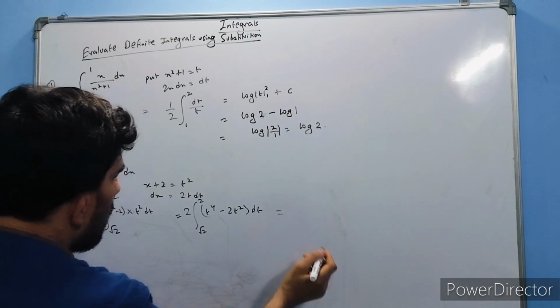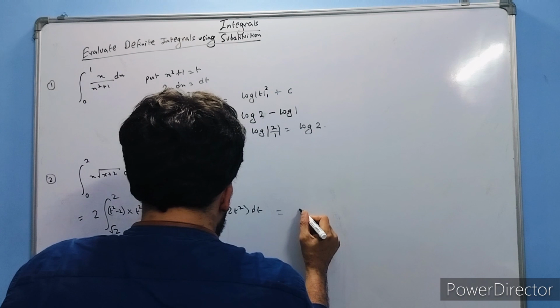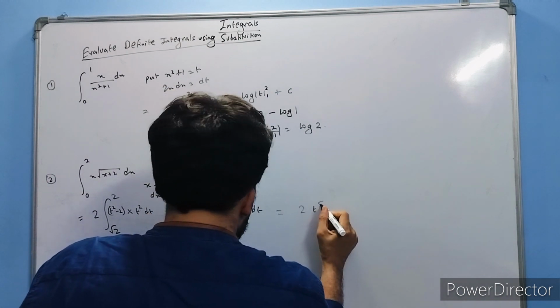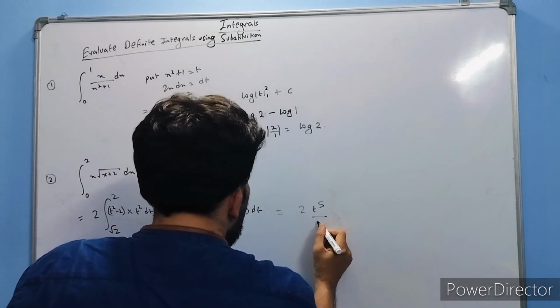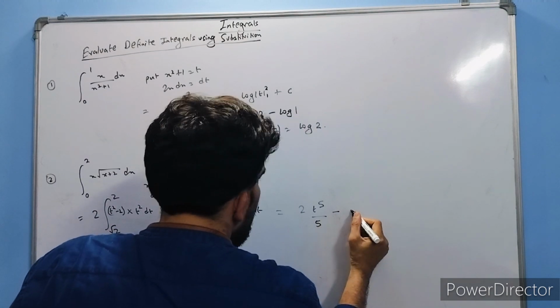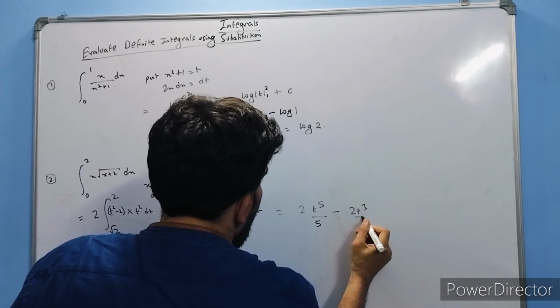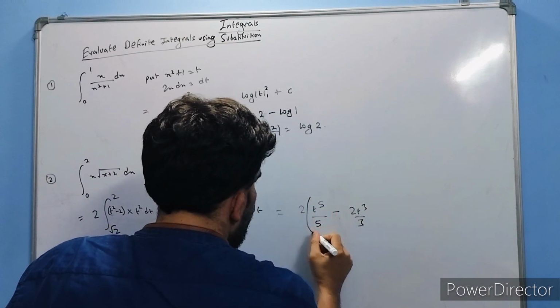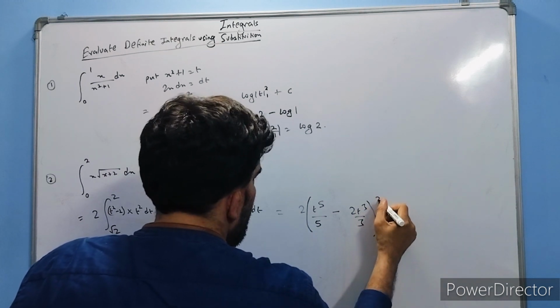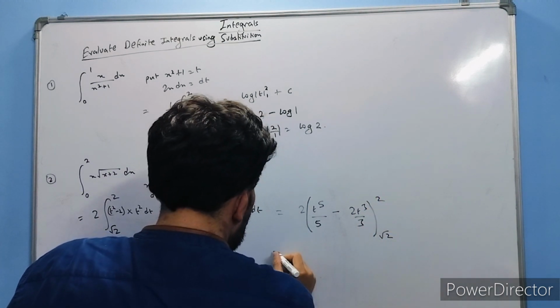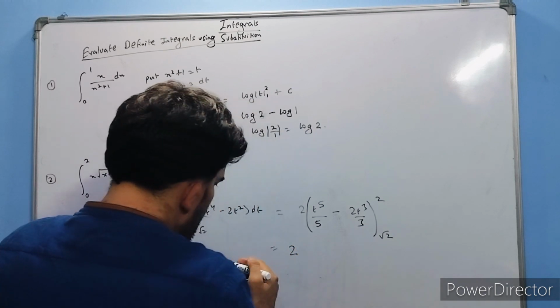So what will happen when we integrate? I got my value, that is t to the 5 upon 5 minus 2t cube by 3.